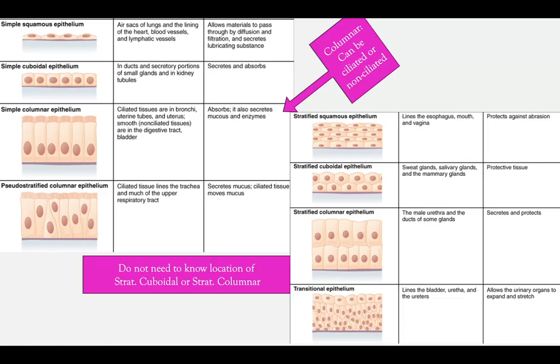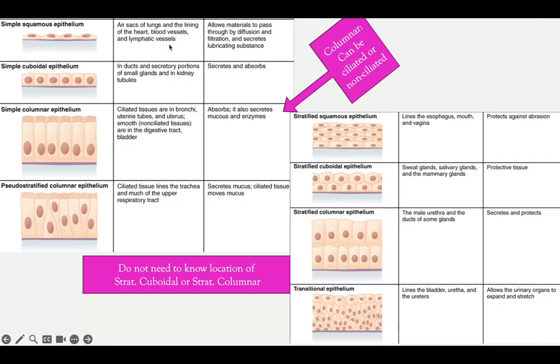So let's first look. We have simple, which means one layer. Squamous, so we're looking at one layer of squamous cells, epithelial tissue. That is what we're viewing in that little cartoon.